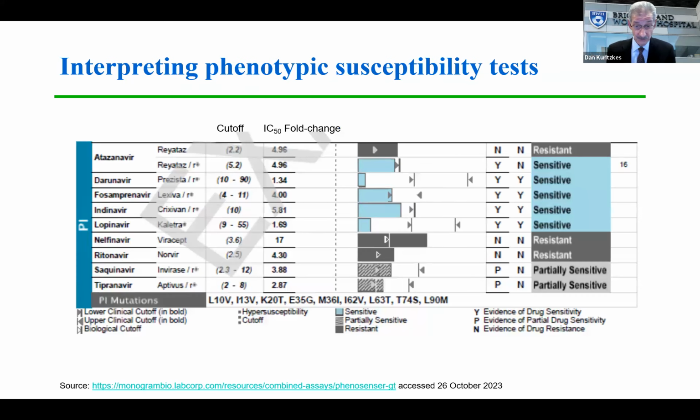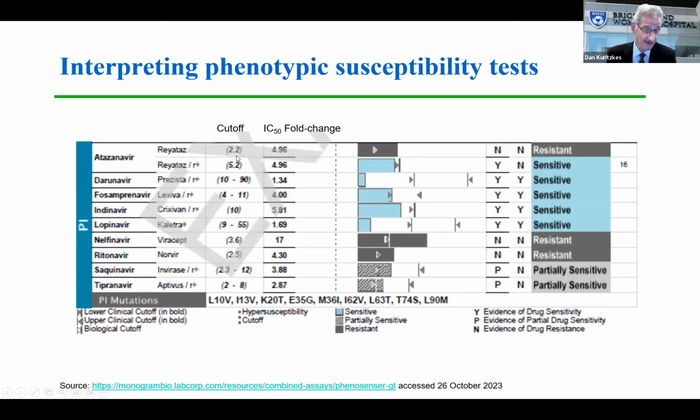Now, for those of you who are still looking at resistance test reports, and I use one here from Monogram just for purposes of illustration, you know that this can be quite challenging to look through. And here I make the point that when we ask about cutoffs for susceptibility, those shown in bold are considered to be clinical cutoffs.